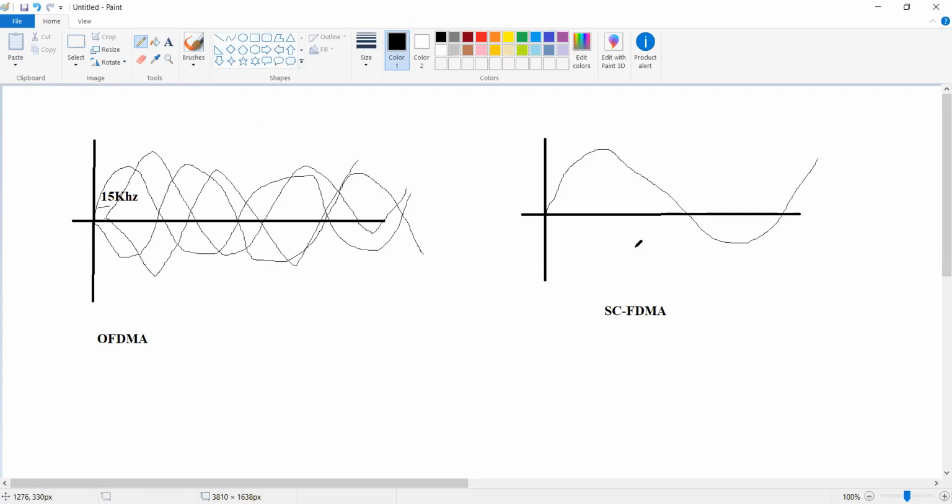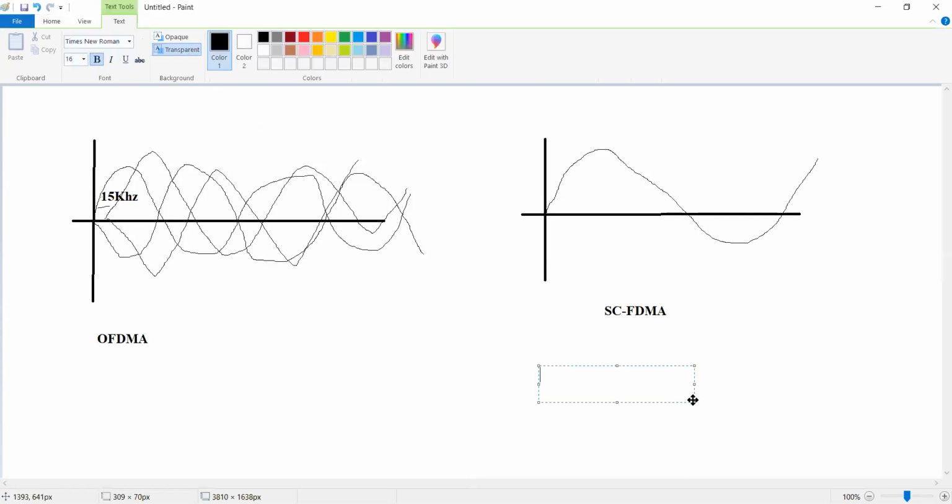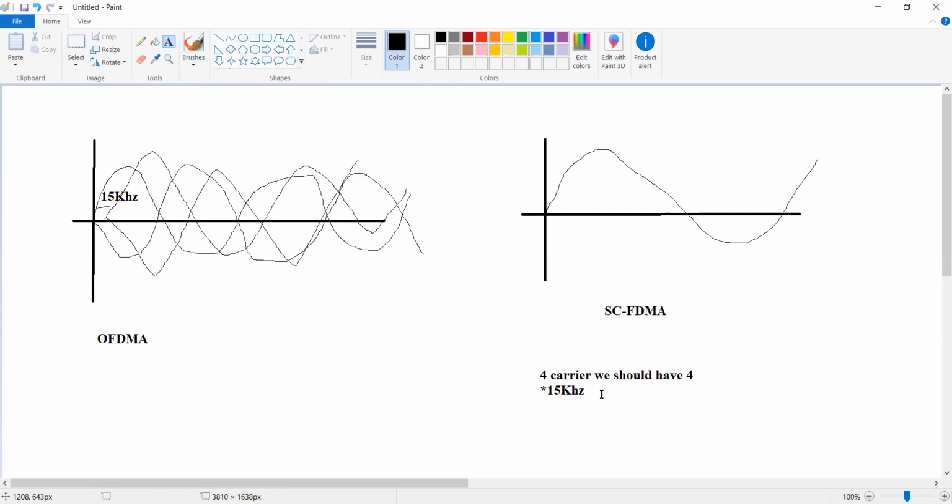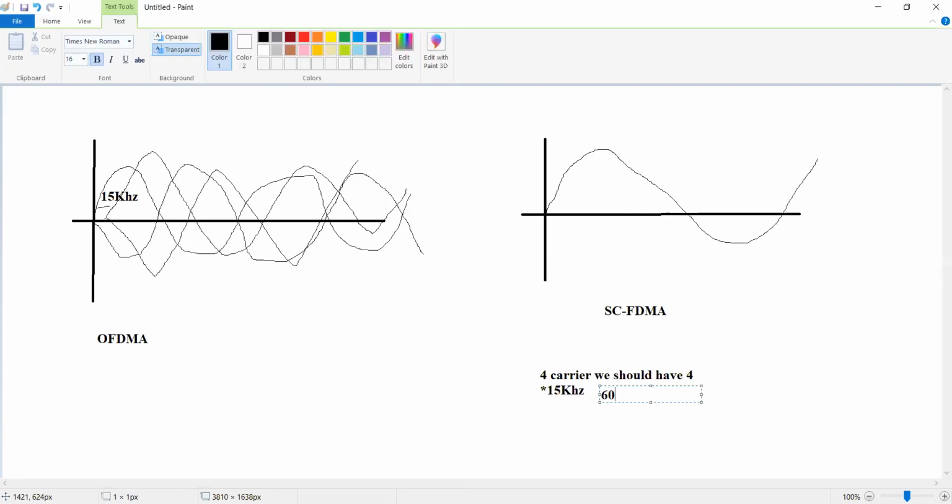Suppose you are using 4 subcarriers; then we should have a gap of 4 into 15 kilohertz, which is nothing but a 60 kilohertz gap.